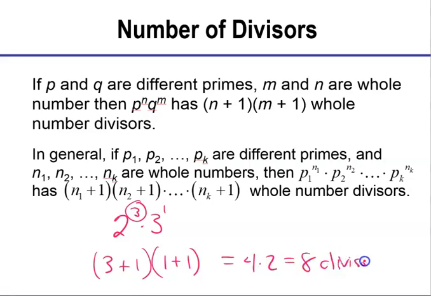And recall this was for the number 24. So if you have it factored completely in prime factorization and you have it written in exponent form, add 1 to each of those exponents, use the fundamental counting principle to multiply those together. And that's how many divisors, not just prime, but how many divisors your number has.